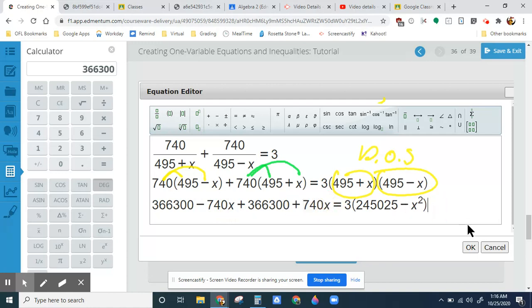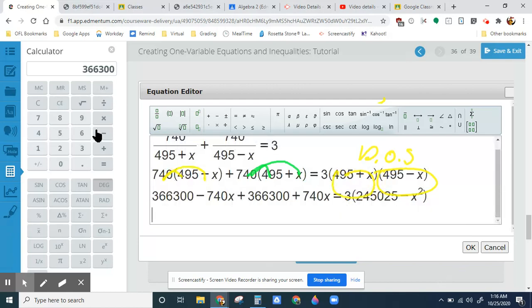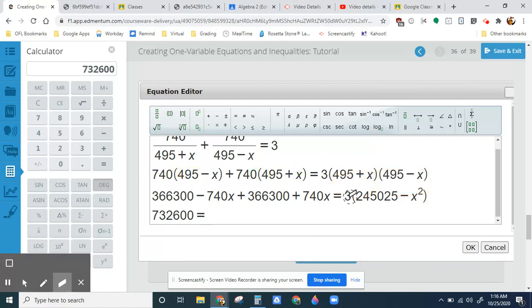So what's left here is we're going to have, I'm going to multiply this by 2 because it's the same thing. We're going to have 732,600 equals, because again, those x's canceled out. Let me erase everything here. I'm going to distribute that 3. So give me a second here, guys.